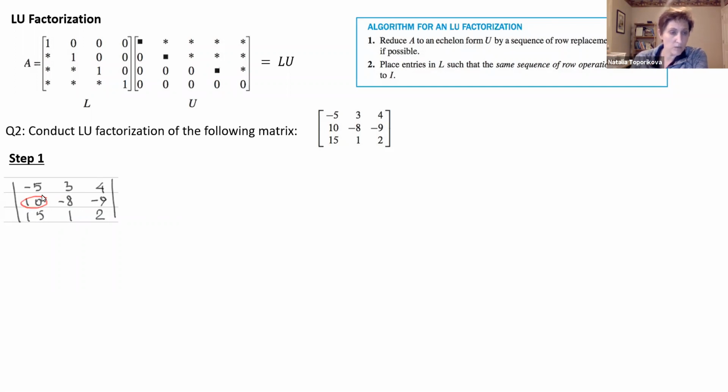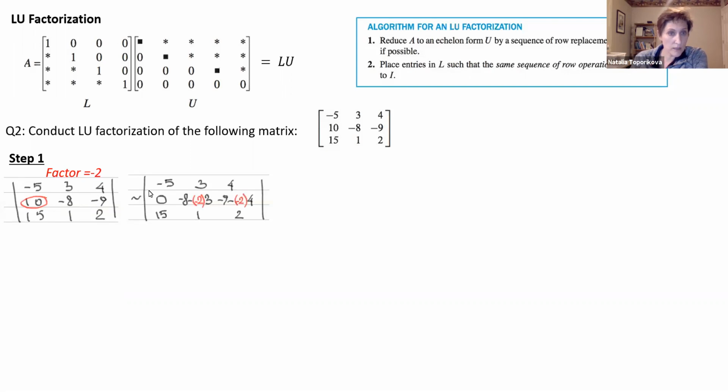This 10 will be our first order of business. How can we convert this 10 to 0? We can subtract the first row multiplied by some multiplication factor which gives us a 0 instead of 10. And this multiplication factor, of course, will be -2.